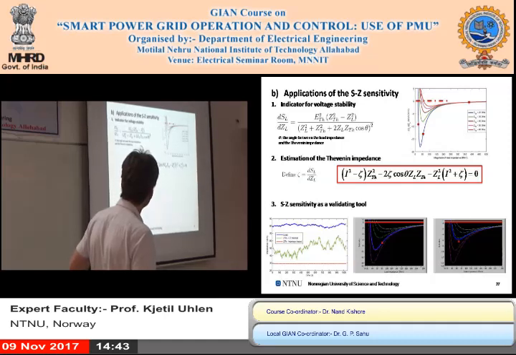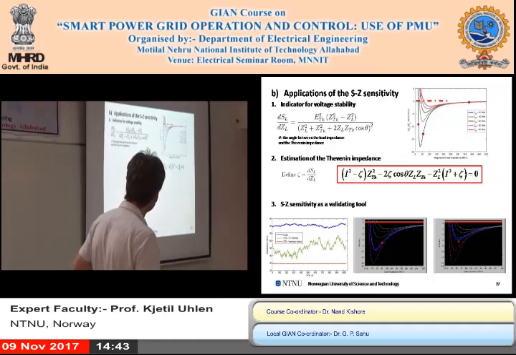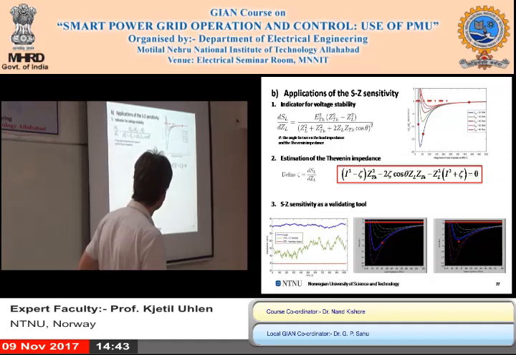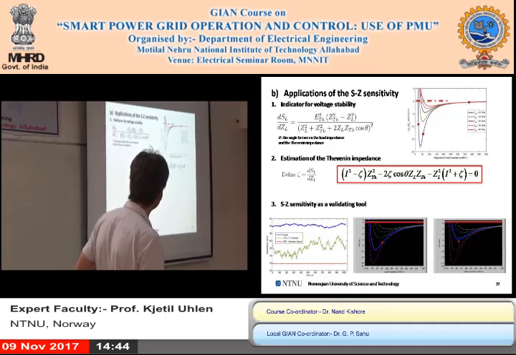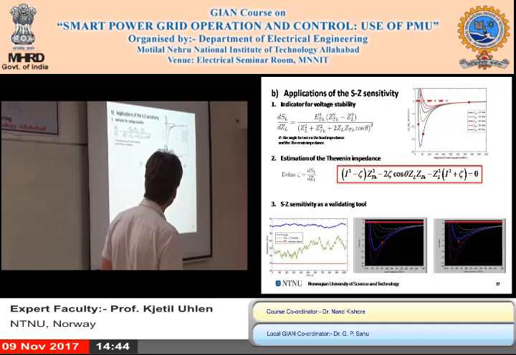And if you call this sensitivity for C, then you actually have a possibility to solve for the Thevenin impedance.